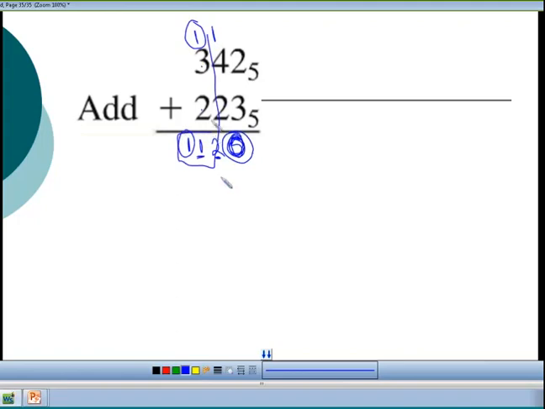Okay, so it's exactly how we add with regular numbers in base 10. It's just that as soon as you get to a 5, that's when you need to put a 0, or your leftover amount if it's 6, 7, or 8, and then you carry the 1 on over. So your resulting number is 1,120 base 5, which is the result of what these numbers would be if you were adding in base 5.